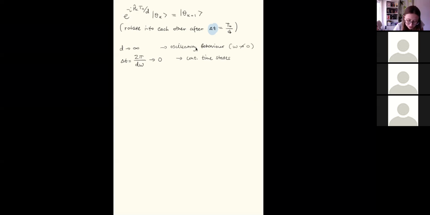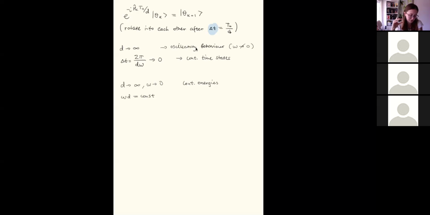The other situation is when d goes to infinity, omega goes to 0, but omega d stays constant. This situation means that we will have a continuous energy spectrum, because omega goes to 0 and the spacing between levels essentially goes to 0.